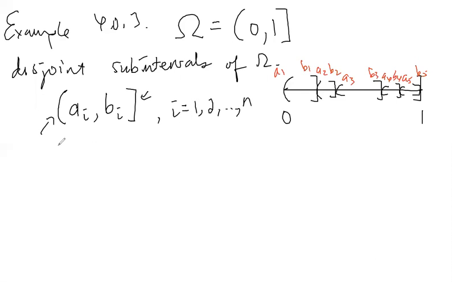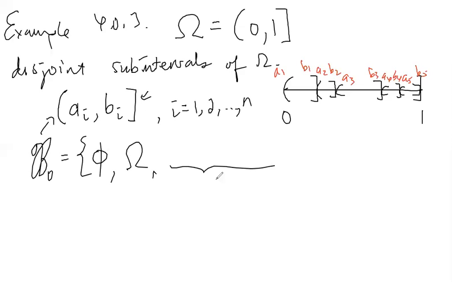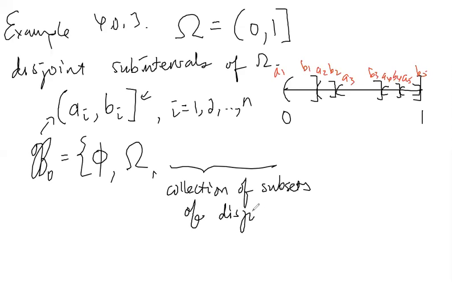And you can form a field as follows. You can form a field by including the empty set and omega together, and here is basically a collection of subsets of disjoint intervals.